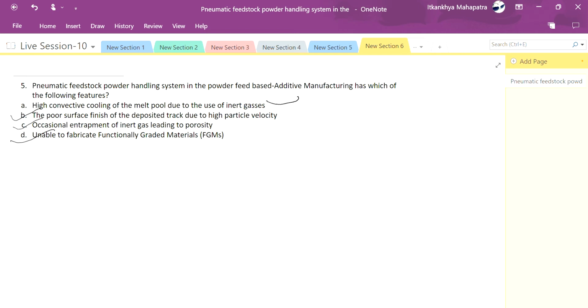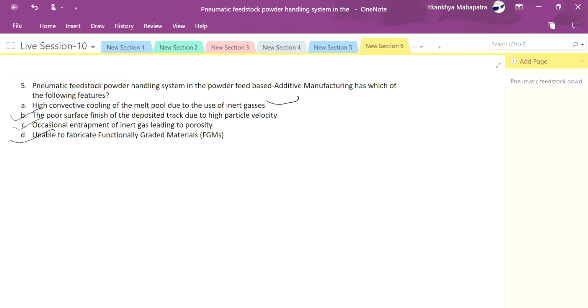Using this pneumatic feedstock powder handling system, we cannot fabricate FGM materials. This is for the pneumatic feedstock. And again for the non-pneumatic, as I already said, we have various different popular setups.